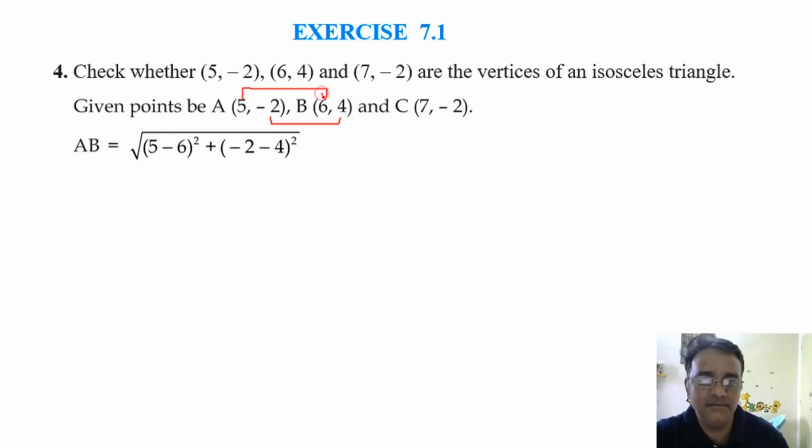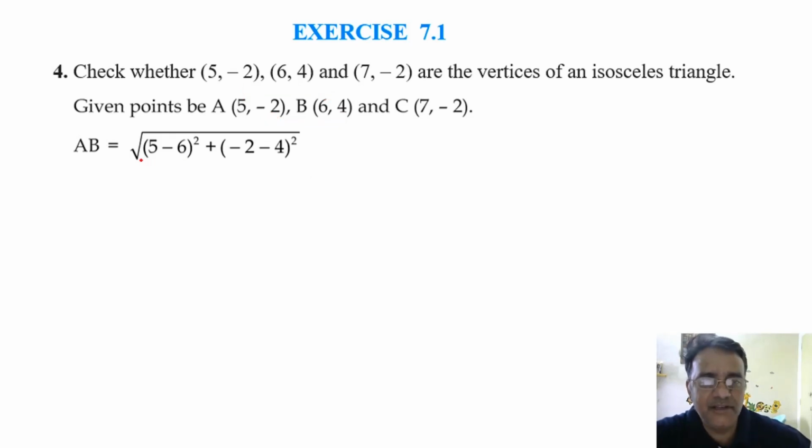See my arrow mark, but we can't write like that, उल्टा पुल्टा नहीं लिख सकते हैं. I mean to say, if you are writing x1 minus x2 whole square, then don't write here y2 minus y1 whole square. Is that clear? Any one direction you have to take, either left to right or right to left. You got my point?